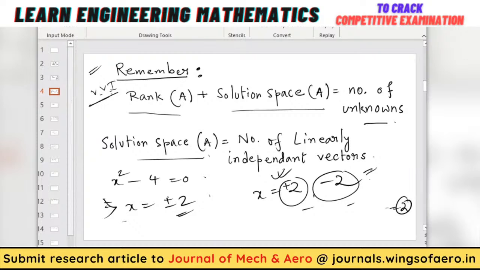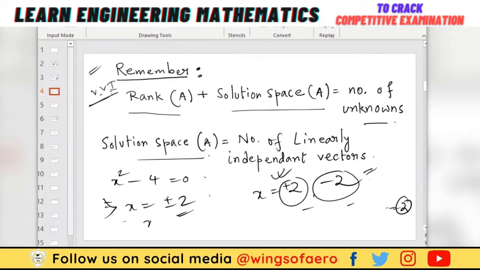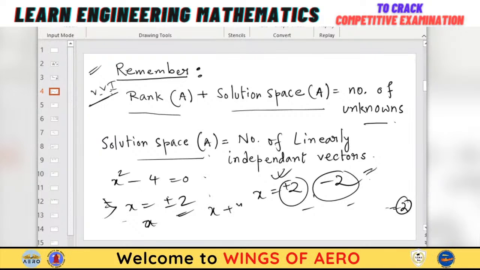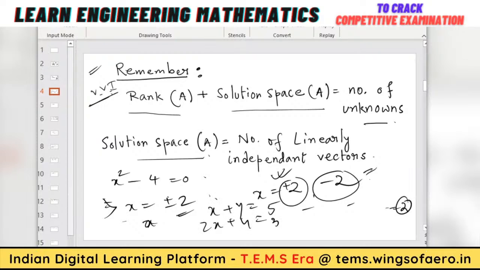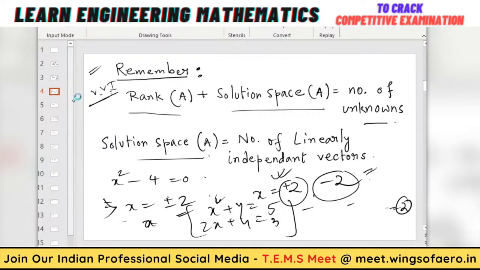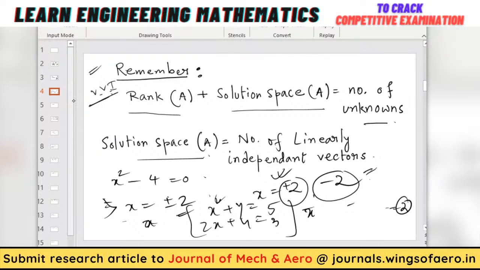Similarly, if the equation is in x and y, two variables are there, x plus y equals suppose 5, 2x plus y equals suppose 3, and maybe there are some square functions or like this, but the number of variables is 2. Then what is the form of the solution? The solution form is x equal to suppose a, y equal to b.